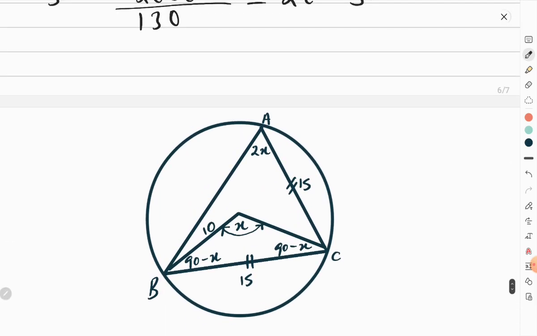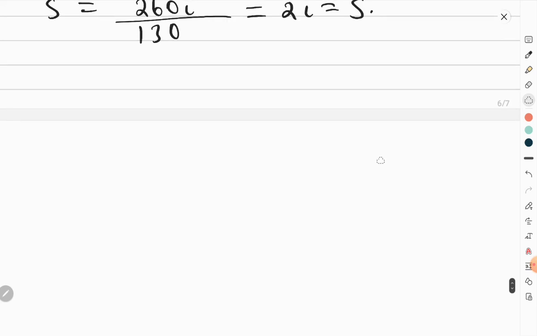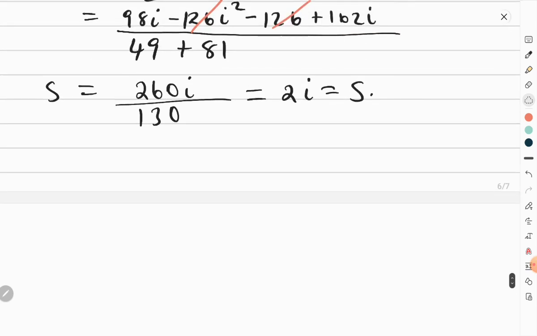Sorry, I took that off by mistake. Let's go on to finding the value of r. Let me change this template a little bit.